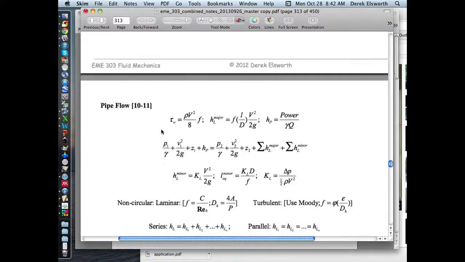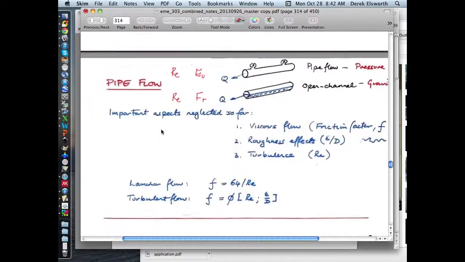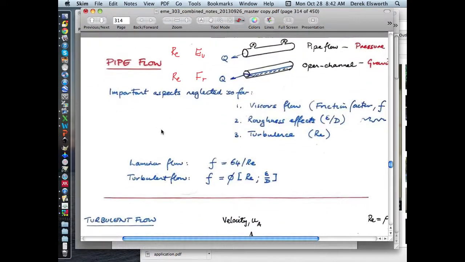It all revolves around this particular picture here. In these things that we've done so far, we've made the point that we satisfy geometric similitude, kinematic similitude, and dynamic similitude.